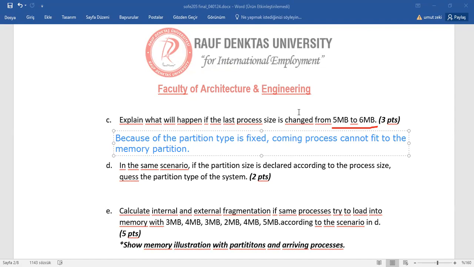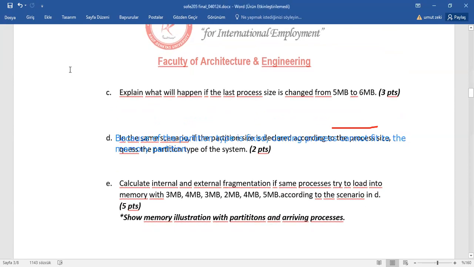Because all partitions are 5 megabytes, and my coming process is 6 megabytes, it can't fit to the memory. Okay, if there is any misunderstanding part, please warn me to stop.